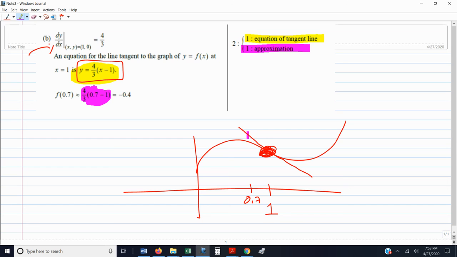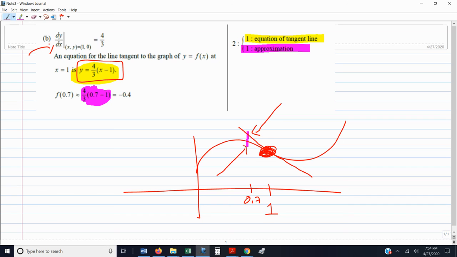The output at that point is really close to the actual output on the graph, because 0.7 is really close to 1, so the y values are also going to be really close together. So you plug the point into the tangent line, but it's giving you an approximation for the output of the graph, just because the graph and the tangent line are really close to each other near x equals 1.